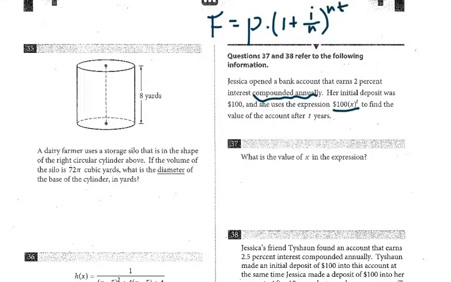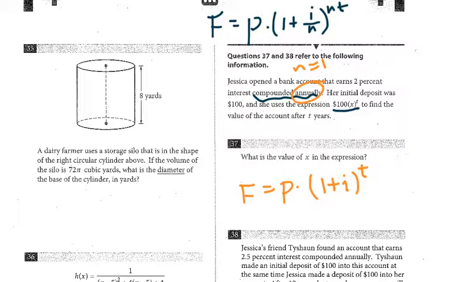According to the given information, this interest is compounded annually, which means N equals 1. Therefore, we will get F equals P times 1 plus I, then to the tth power.